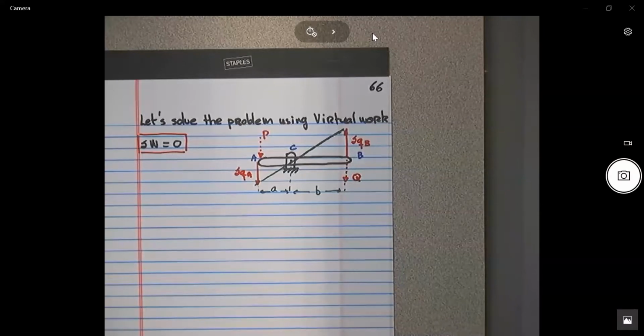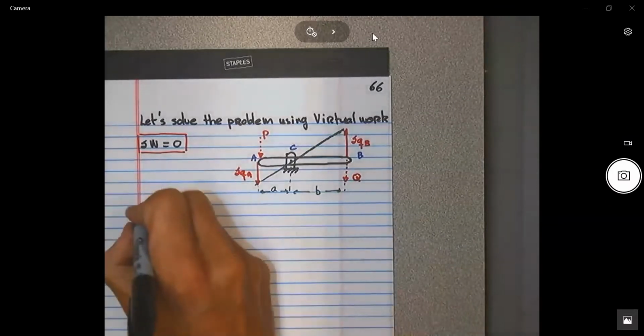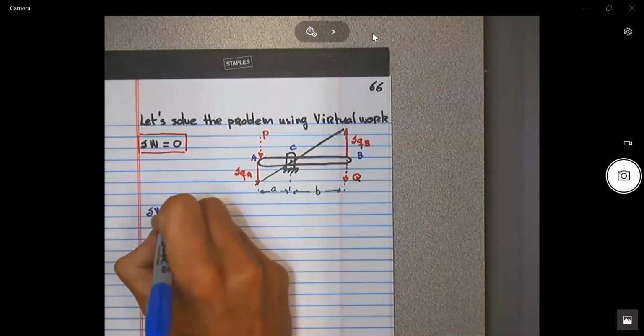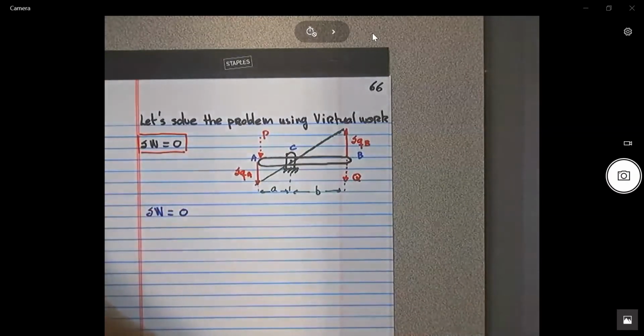So if the force and the deformation are in the same direction, the work is positive. If they are in opposite directions, the work is negative. So using that, let's use the principle of virtual work equal to 0.